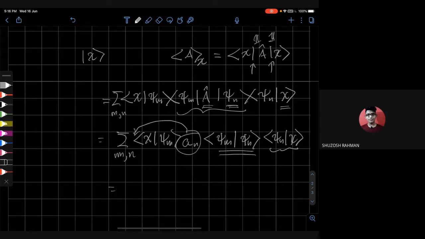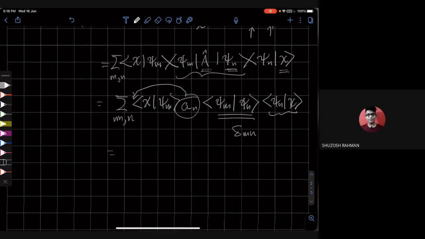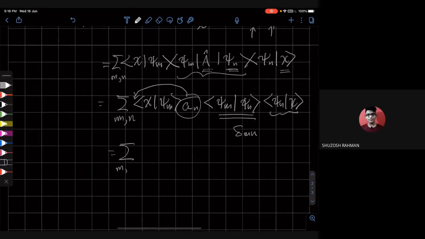And this is an orthonormal basis, which means that this is equal to delta mn. So I basically have the sum over m, n of a_n, then chi psi of m, and then delta mn, psi n chi.